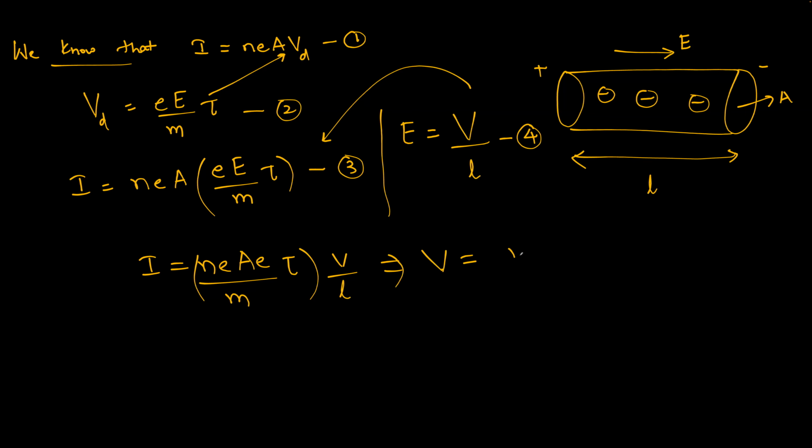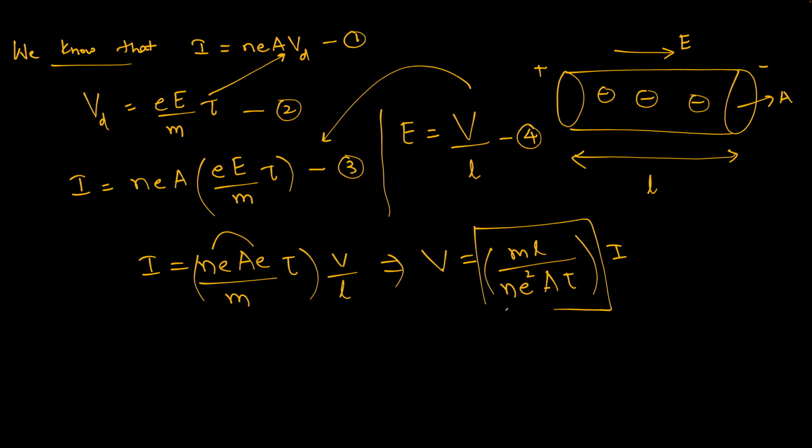So V will be equal to m into L, because m and L are in the denominator, go to the other side. m into L divided by n into e into e is going to be e square, A is A only, and the tau will go to the denominator. The whole thing is multiplied with current. If you observe this expression, this whole thing can be replaced with a symbol R, which you already know by the name of resistance.